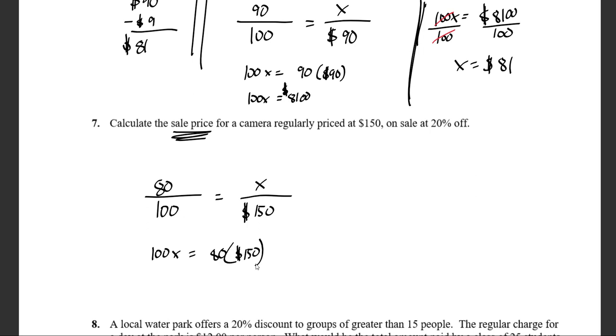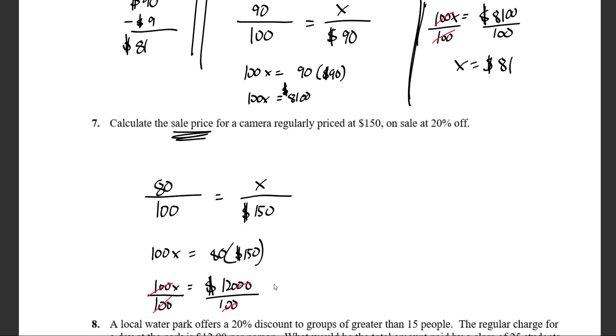Now I have to bring up my calculator. Yep, 12,000. So 100x equals 12,000. I'm going to try to isolate x. I see it's being multiplied by 100, so I need to divide by 100. And cancel, cancel. 12,000 divided by 100, it's going to cancel off two zeros there and two zeros there.